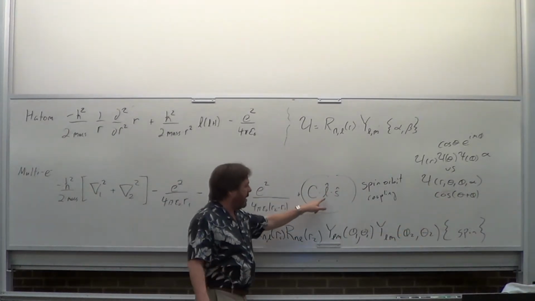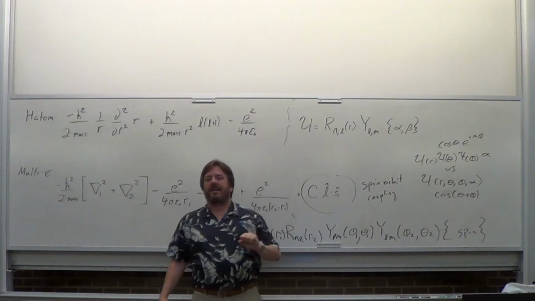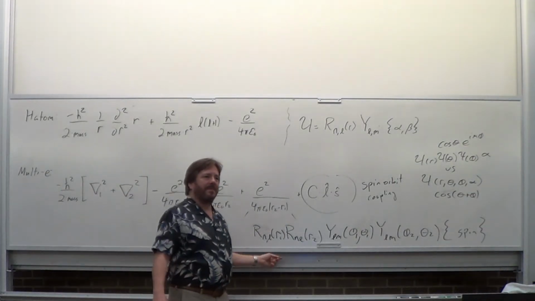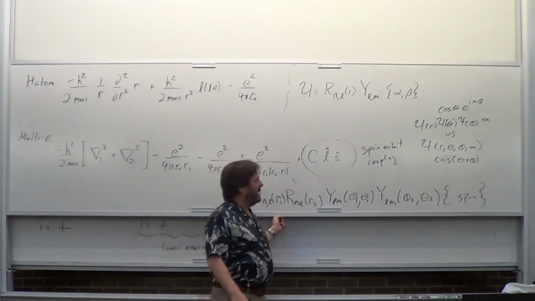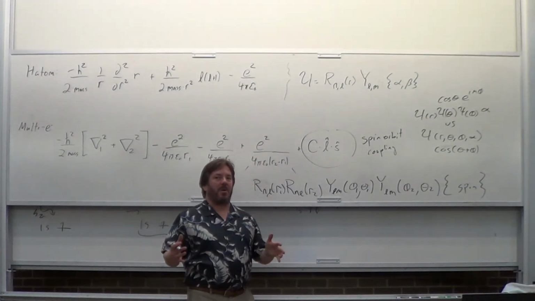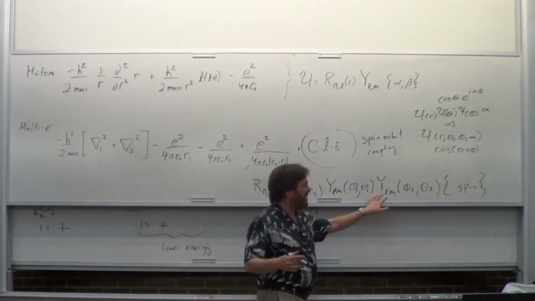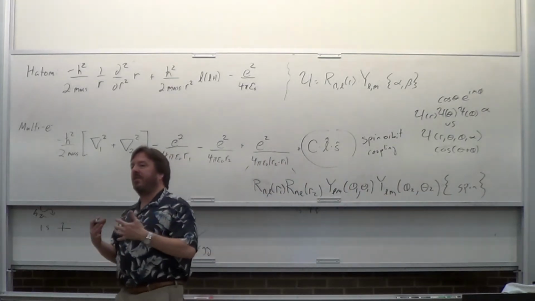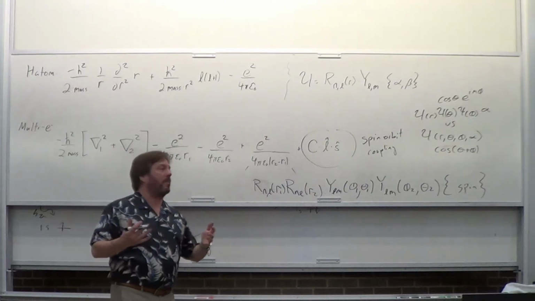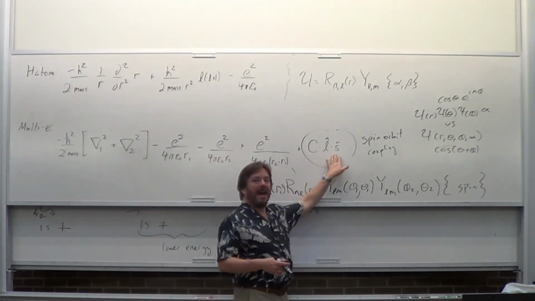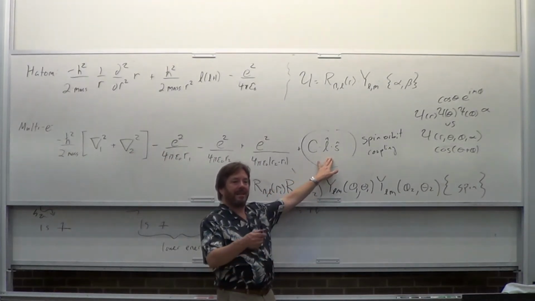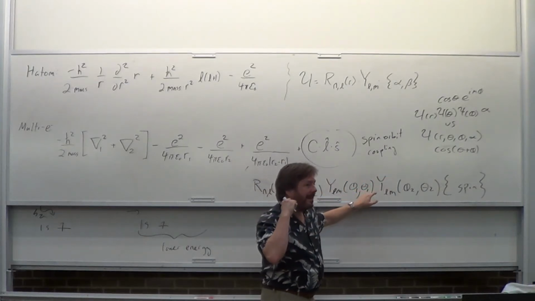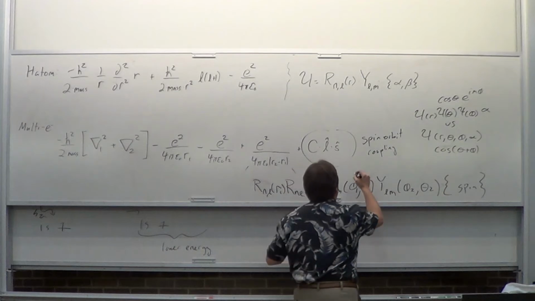Okay, so now I've got L dot S. What has gotten screwed up? It's relatively simple. What part of the wave functions are now annihilated in our ability to solve them because they're now inseparable due to L dot S? The spin and the Y's, right.